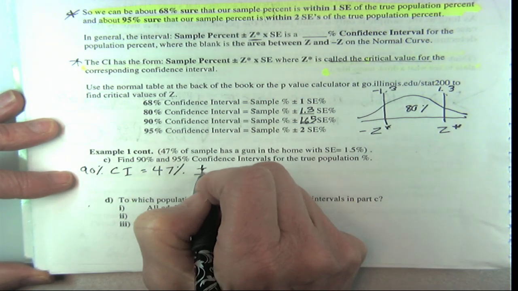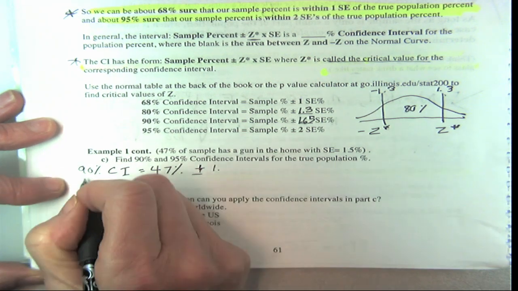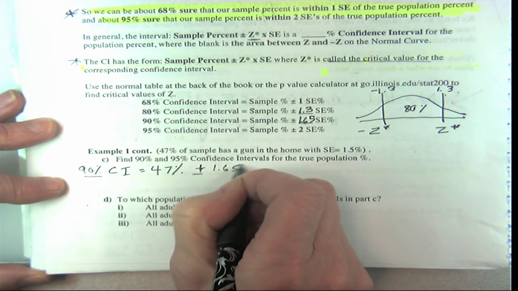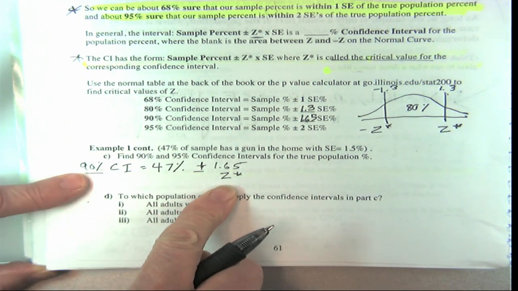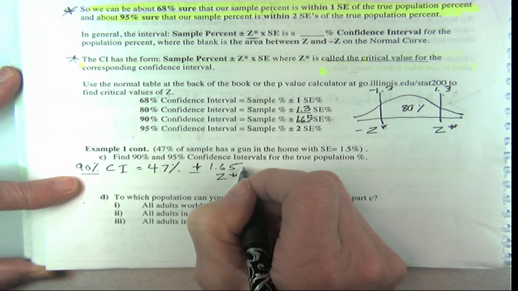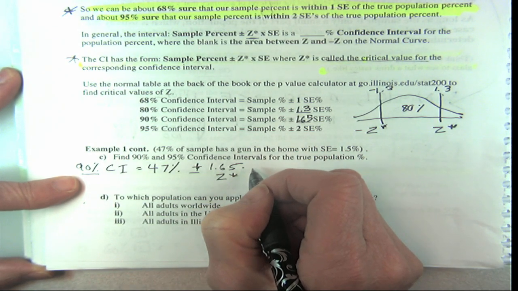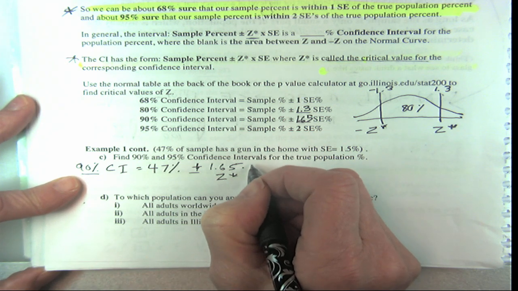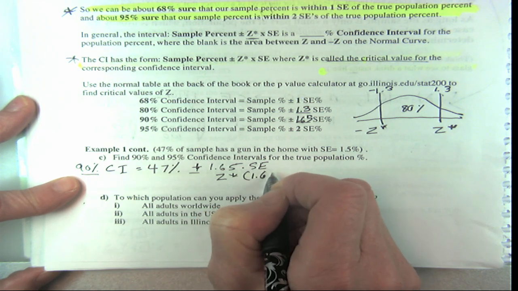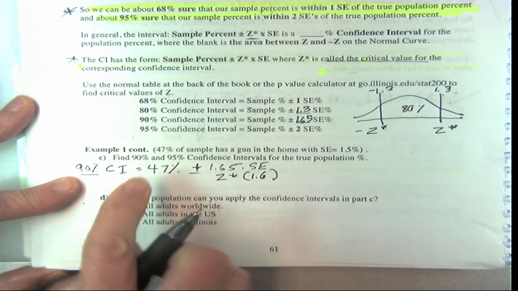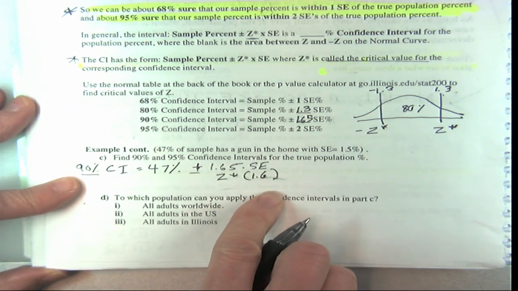That margin of error is z star, 1.65, the critical value of z corresponding to a middle area of 90%, times the standard error, which is 1.6. We got it before. So it's the sample percent plus or minus your critical value times the standard error.